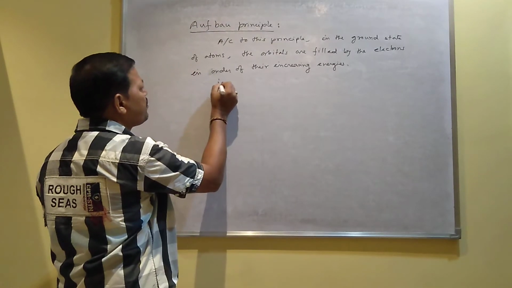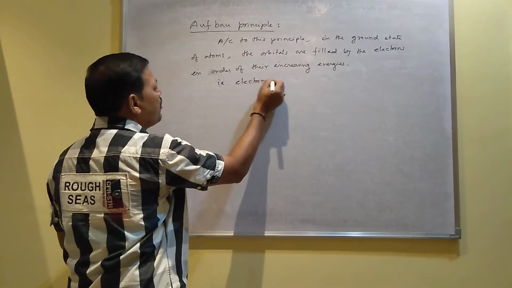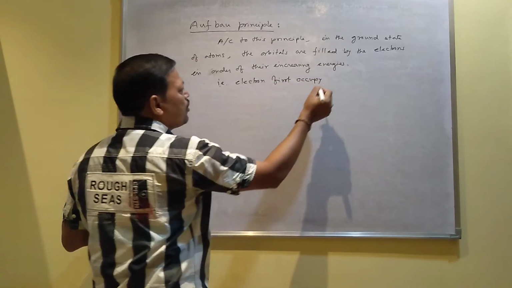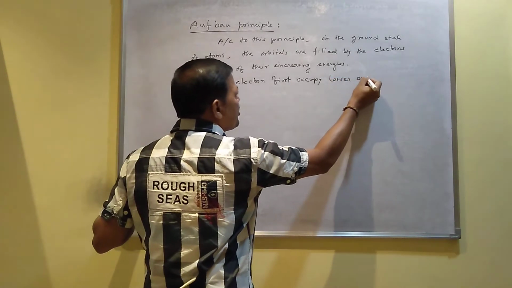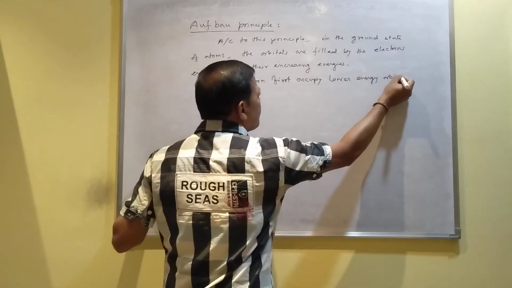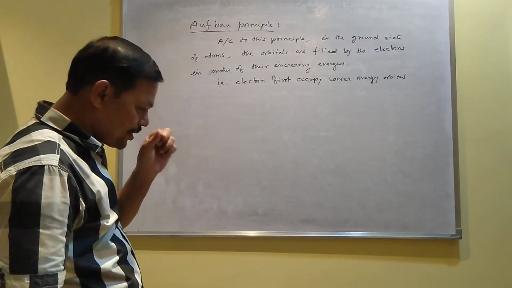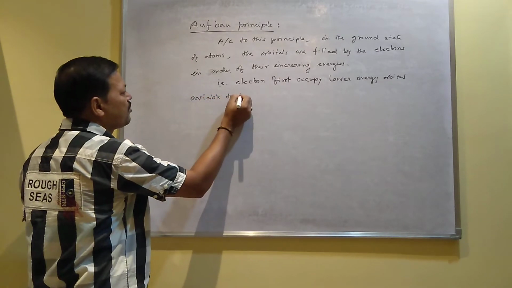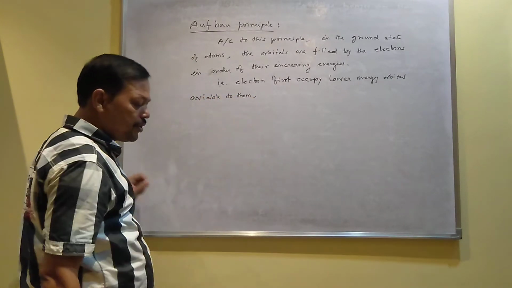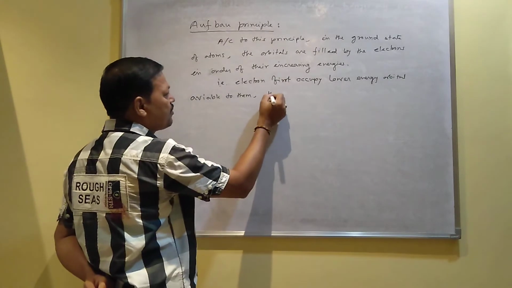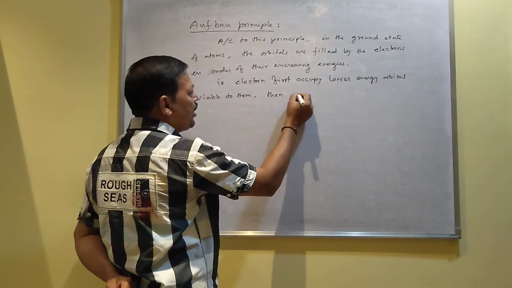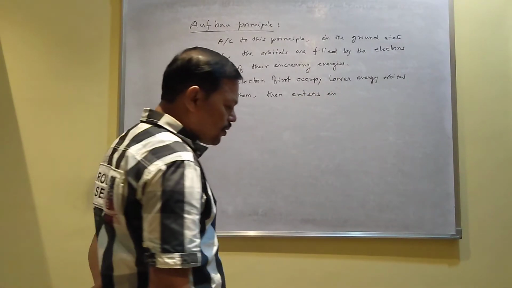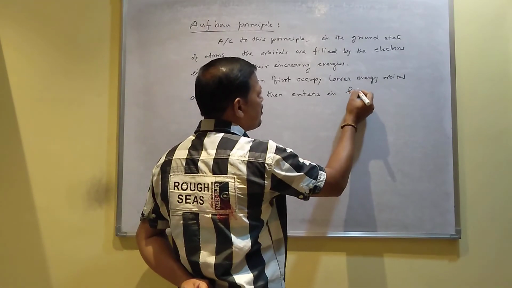That is, electrons first occupy the lower energy orbital available to them, then enter the higher energy orbitals.